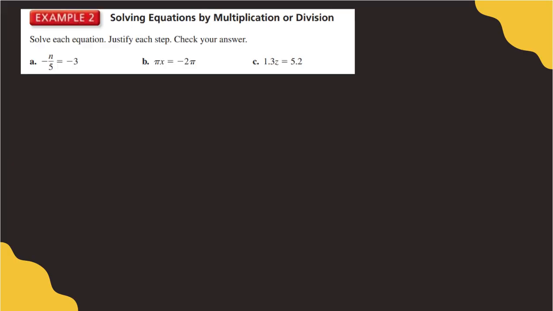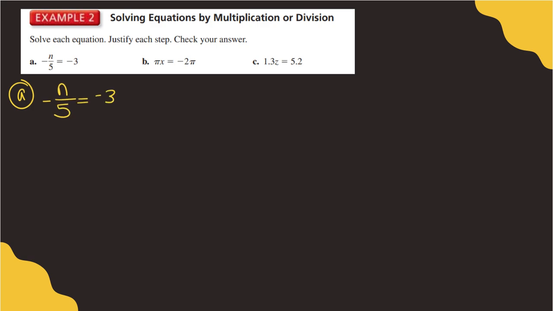Example 2, solve an equation by multiplication or division. In A, they're telling us to justify each step and check our answer. So in A, we're going to first write our equation. So we have negative n over 5 equals negative 3.